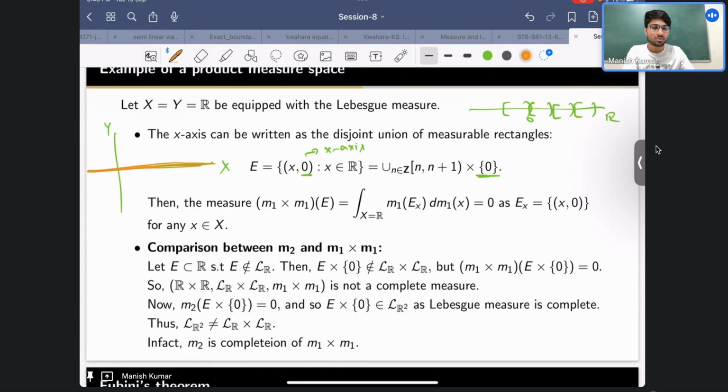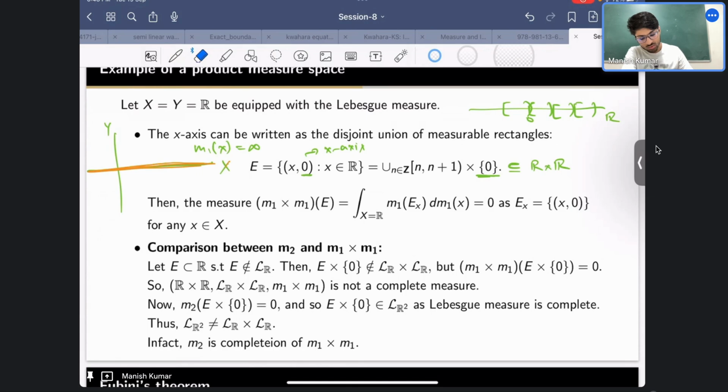One thing is that this X is just a real line, so you know that m1 of X, the Lebesgue measure of this X, is infinity, right? But I am not asking about this m1, I am asking about the measure of this thing as a subset of R2, so this is a subset of R cross R. So what will be the product measure of this E?